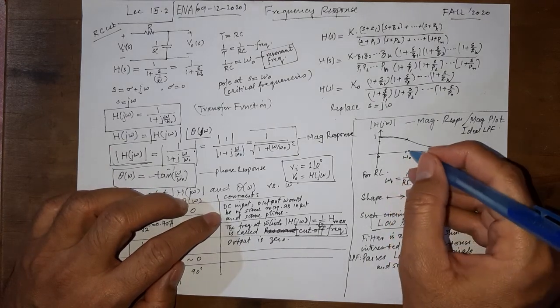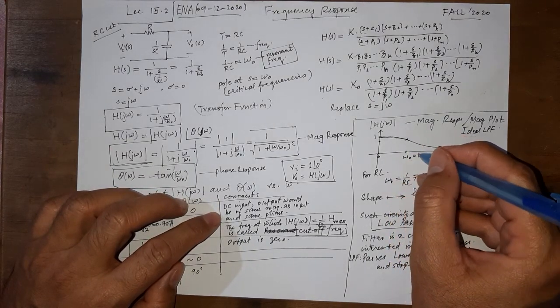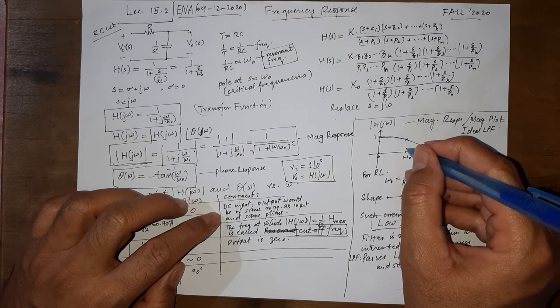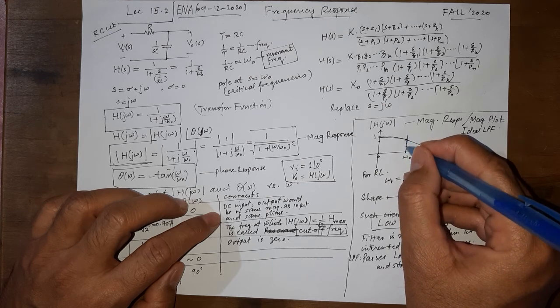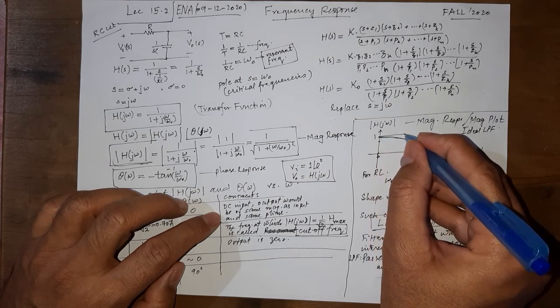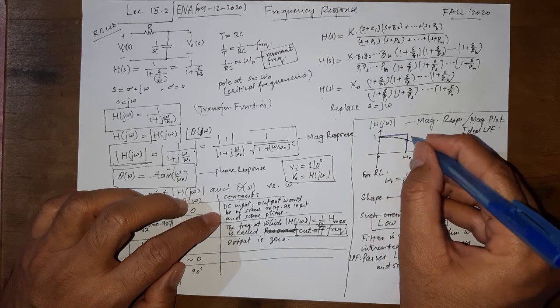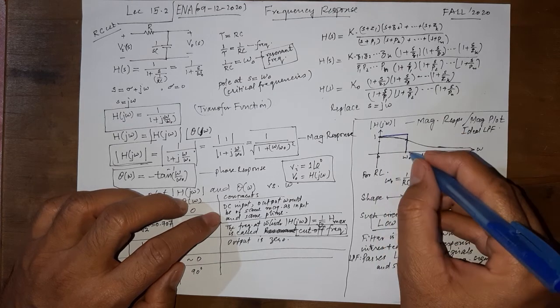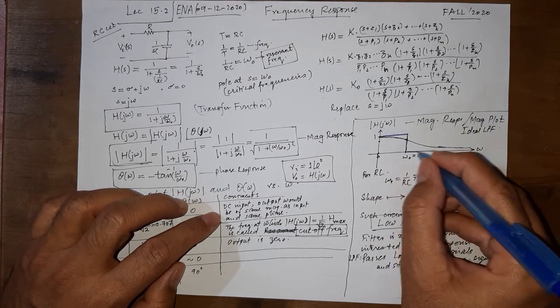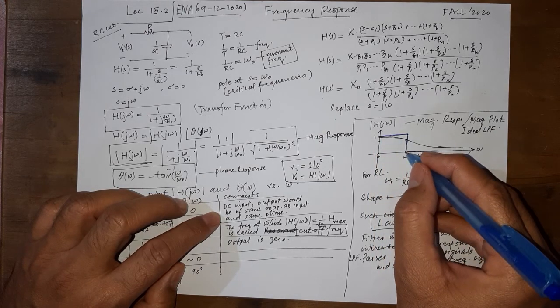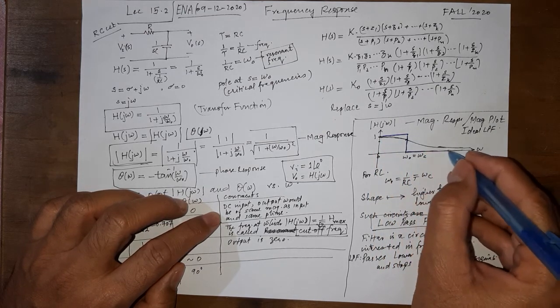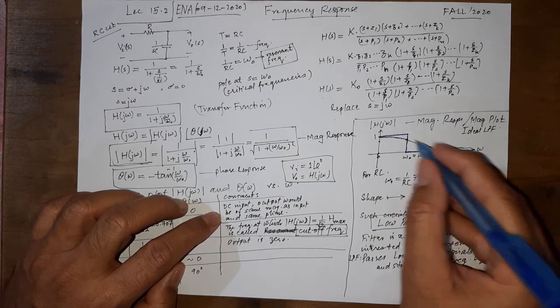An ideal low pass filter is a filter which has such a behavior that at a particular frequency, say omega c, before that frequency, or for frequencies lower than that frequency, its output is 1, and just after that frequency until infinity, its output is 0.